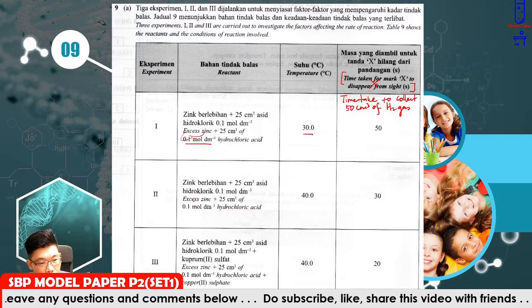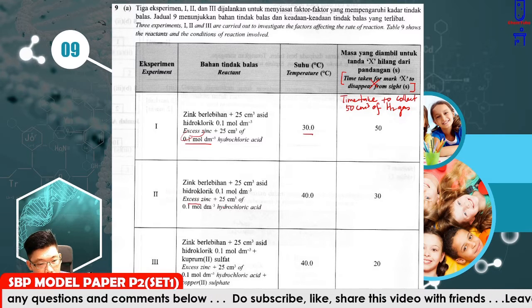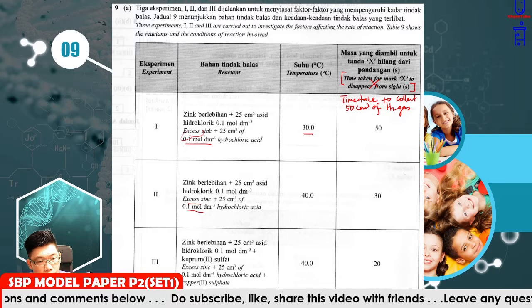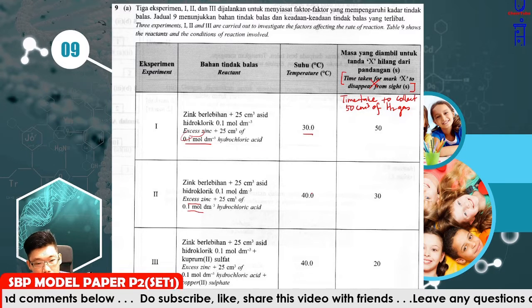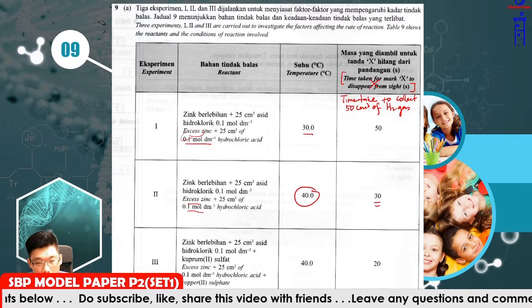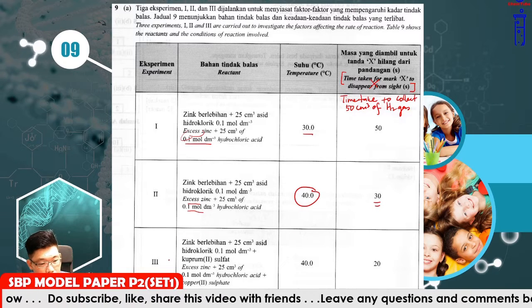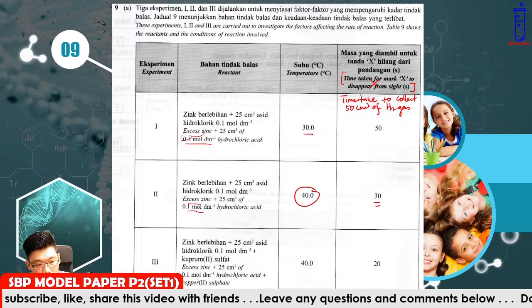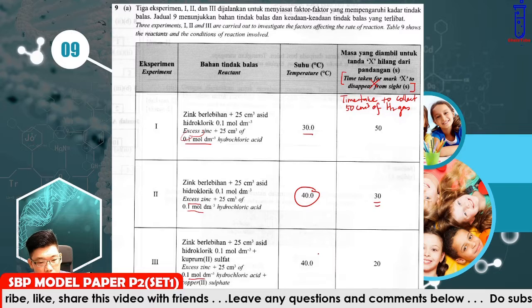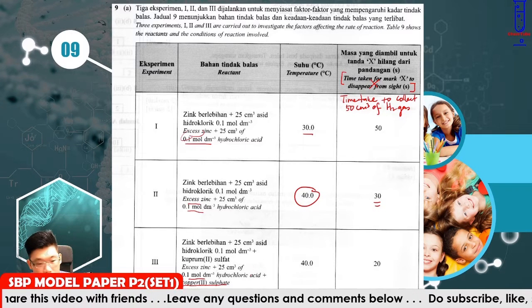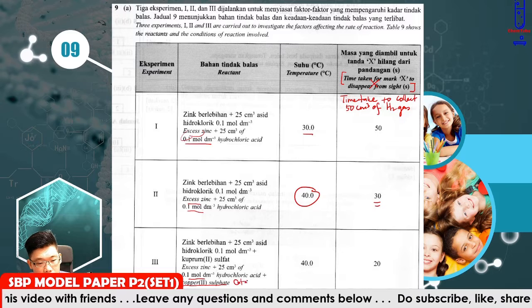Set 2 uses the same reactants, and the same concentration of acid as set 1, but the temperature is higher. So the time taken is 30 seconds only. For set 3, zinc with hydrochloric acid, also the same concentration, but it has copper(II) sulfate as the catalyst, if you notice.